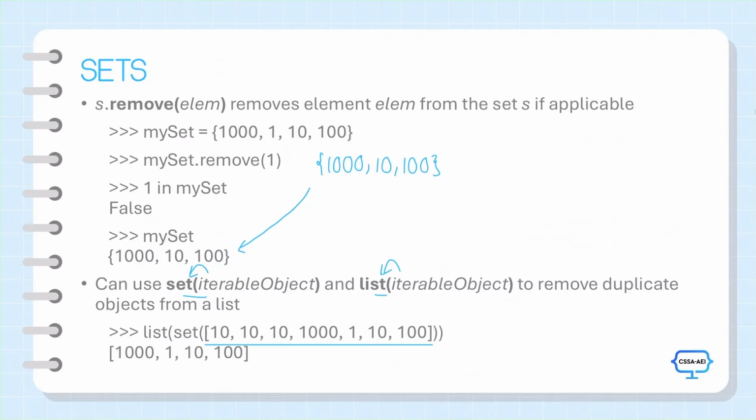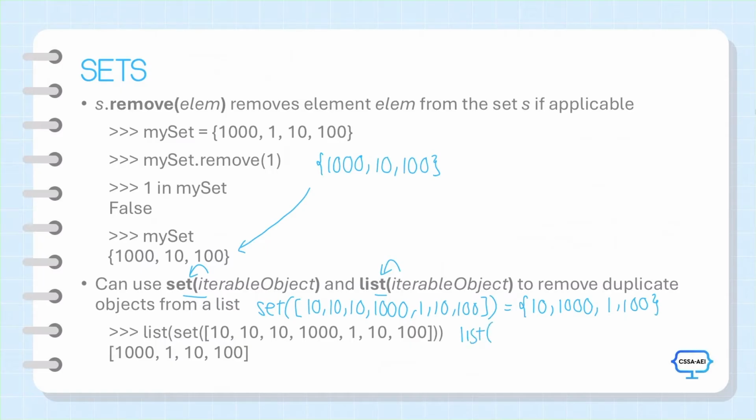When I do the set of that, that's going to remove all the duplicates, because a set can't have duplicates, so it'll automatically do that for us. And then I can turn it back into a list using the list conversion function. Okay, so then we'll get that right there.